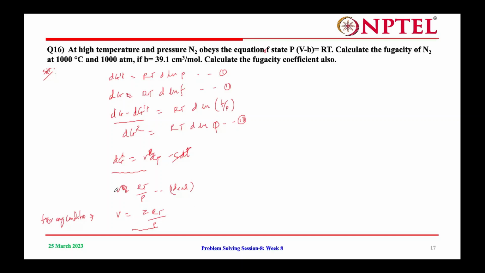So similarly, dG^R is equal to (V minus V^ig) dP, right? So put this value here: (Z minus 1) RT dP by P, right?